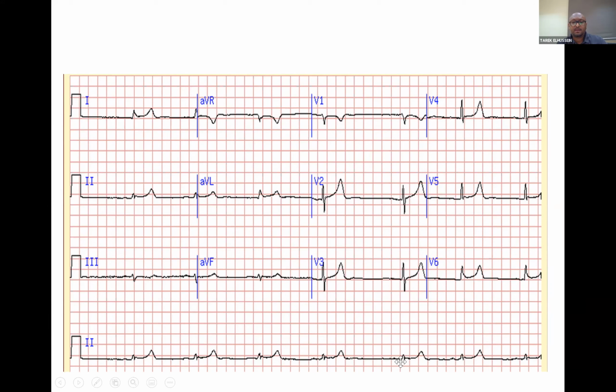Atrial activity that is not organized. And there is no P wave. So what is the rhythm here? Atrial fibrillation. So the baseline rhythm is atrial fibrillation. Okay. And then you see here the QT is not prolonged, okay? But I can see here the T wave is tall and tented.